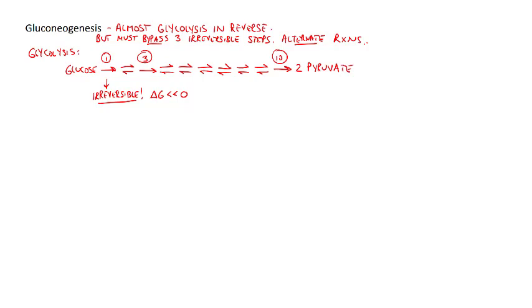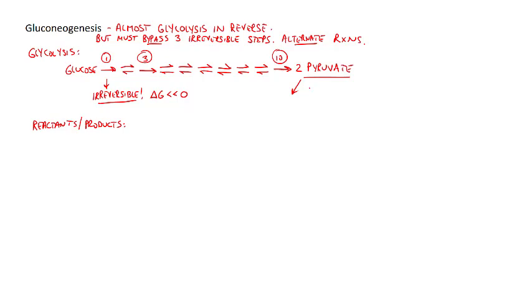So to answer the question, what are our major reactants and products of gluconeogenesis? Well, we can simply start from pyruvate, but as it turns out, if we want to reverse the process of glycolysis, we can't simply run reaction 10 in reverse.